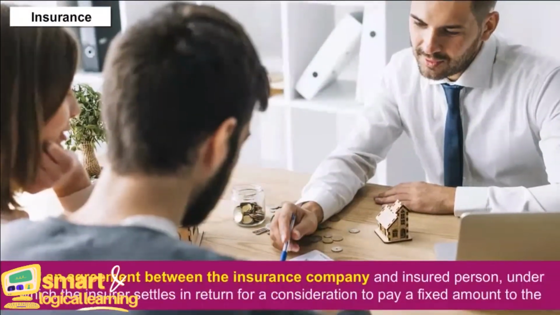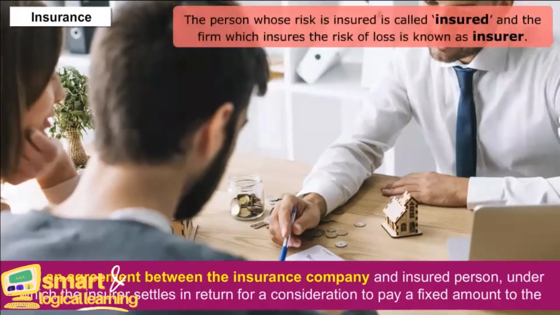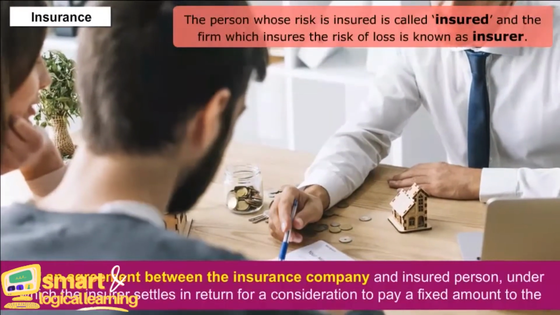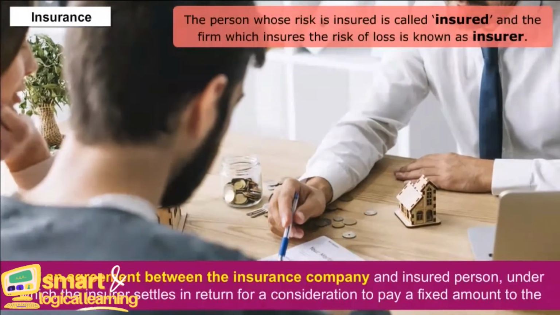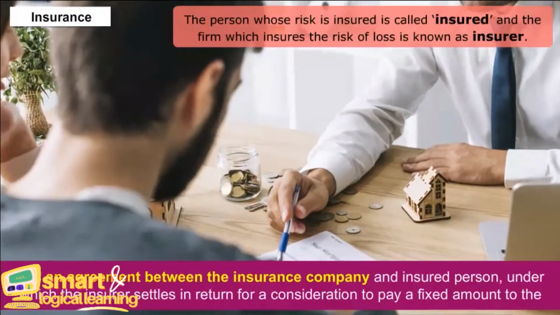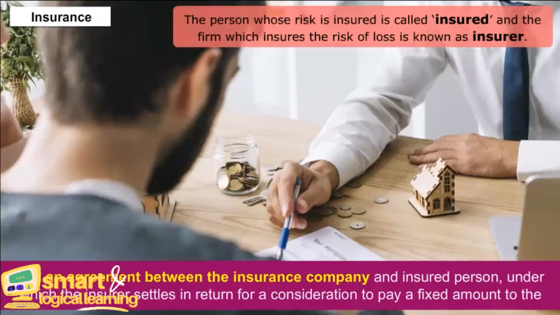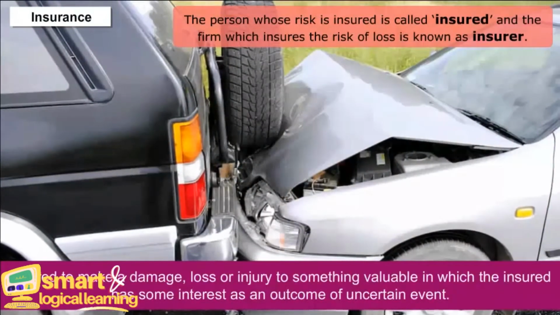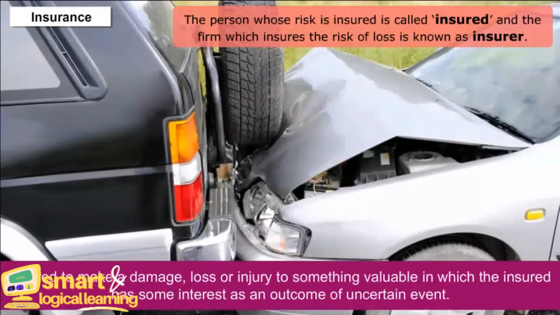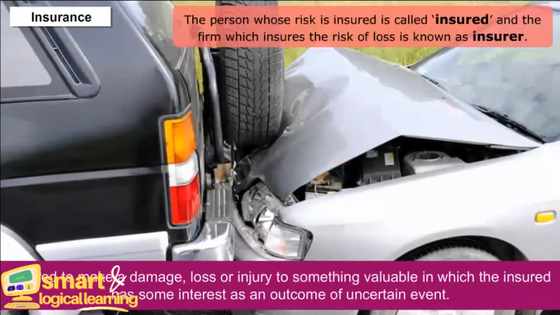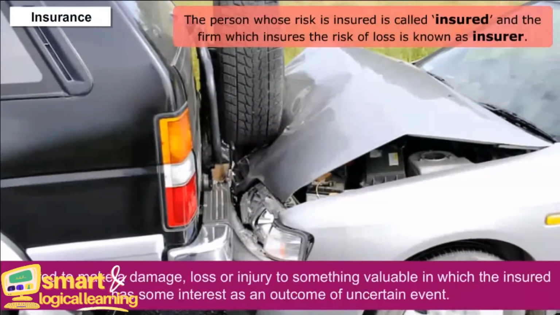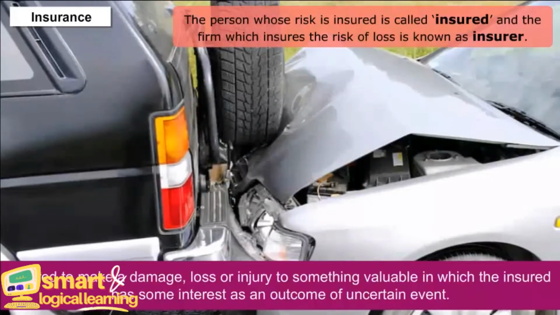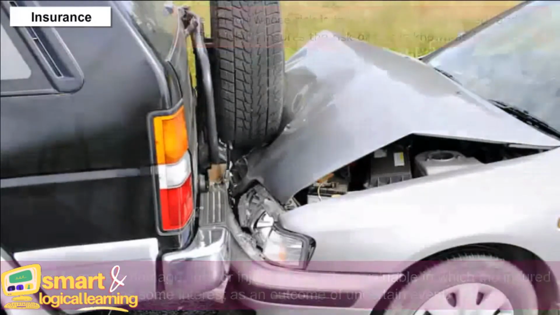It is an agreement between the insurance company and the insured person, under which the insurer settles, in return for a consideration, to pay a fixed amount to the insured to make good a damage, loss, or injury to something valuable in which the insured has some interest as an outcome of an uncertain event.